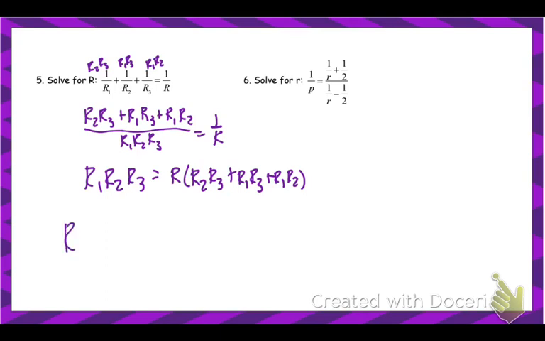So I'm gonna end up with R1 R2 R3 divided by R2 R3 plus R1 R3 plus R1 R2. It's not very pretty, but that is your way to get just that single R by itself.